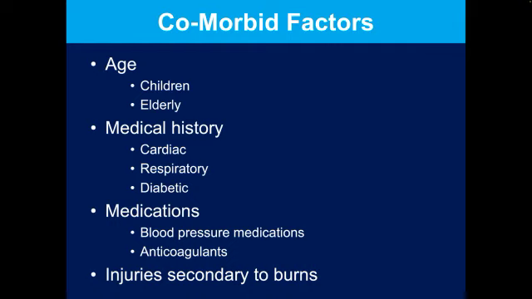If they're on anticoagulants, those are blood thinning medications. Again, this is another checkbox against them and makes them more prone to succumb to their burns. And if they have major burns over a good portion of their body, and they also have internal injuries and fractures and other things going on, all this adds up to a greater chance of them not surviving the burns.